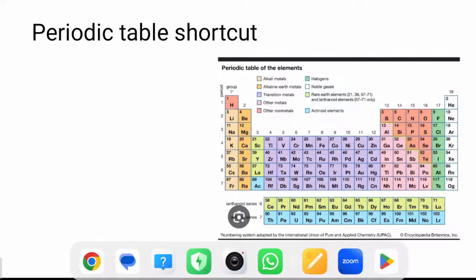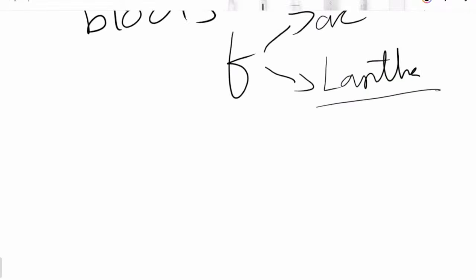And there is one more thing. There are three major things about lanthanoid. Let me write it well so that you can make notes of it.